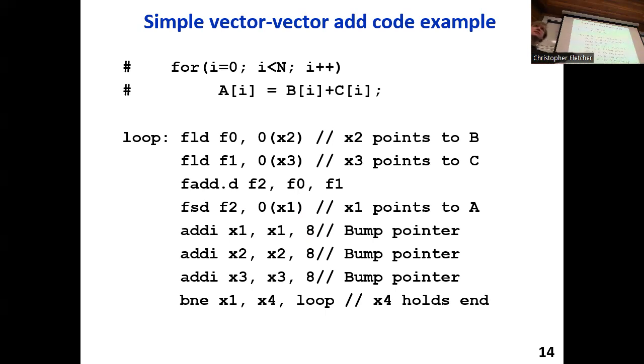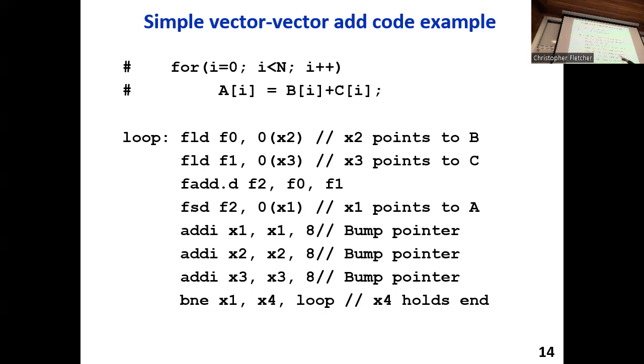So if we translate that down to RISC-V code, we get something like this. This is all in the context of the deep MIPS R4000 pipeline that we saw in the previous several slides. We have two floating point loads, a floating point add, and a floating point store. The term bump pointer is just the pointer increment and bookkeeping logic.